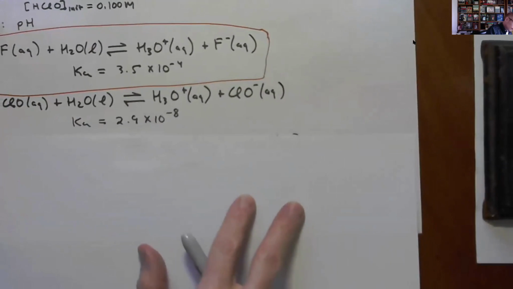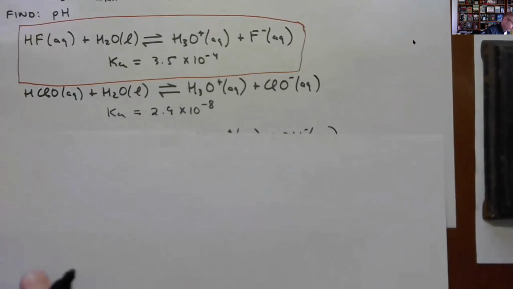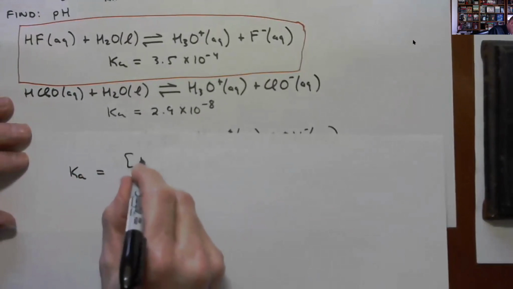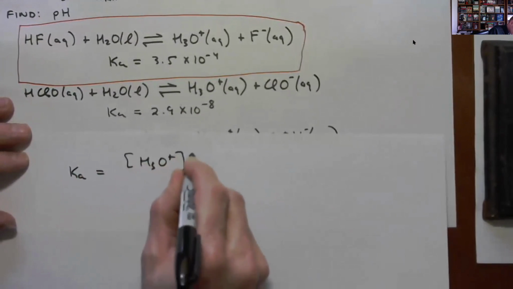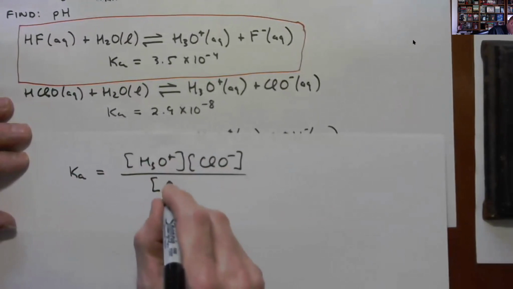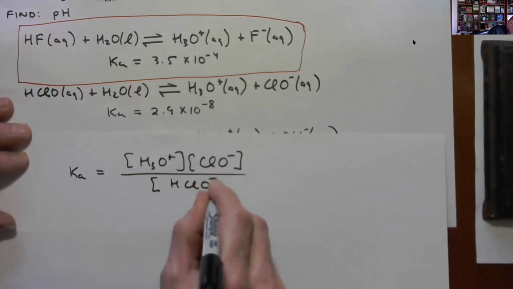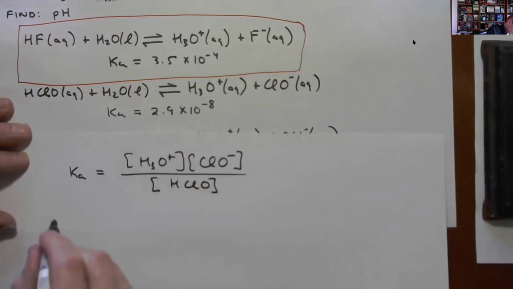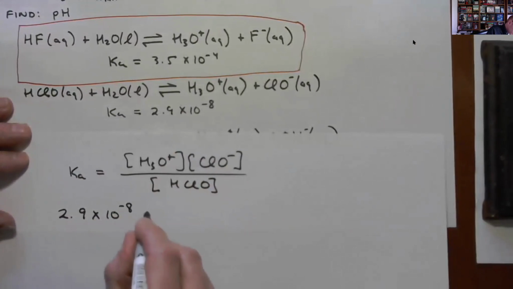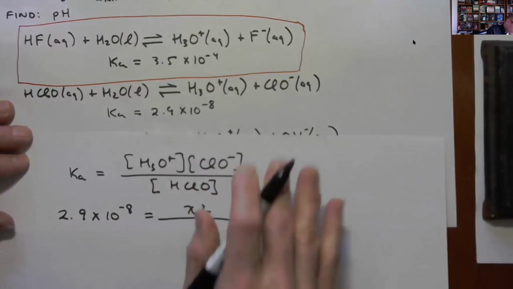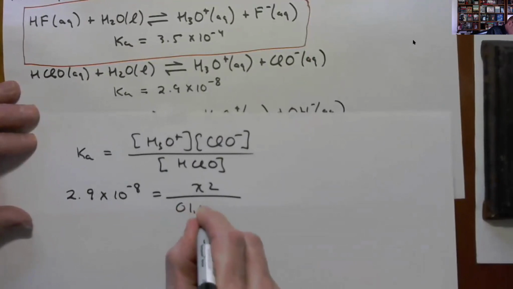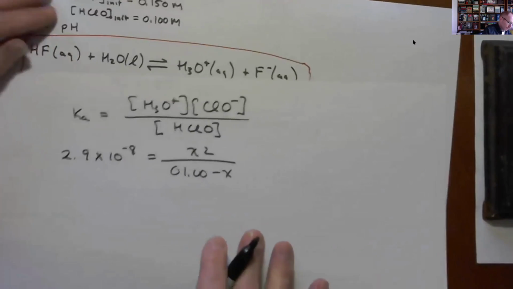And so now, working with the second, our Ka is equal to, again, the hydronium concentration times the hypochlorite divided by the equilibrium concentration, using the x is small approximation, 2.9 times 10 to the minus 8. We're going to have x squared over, the initial is 0.1, 0.100 minus x.